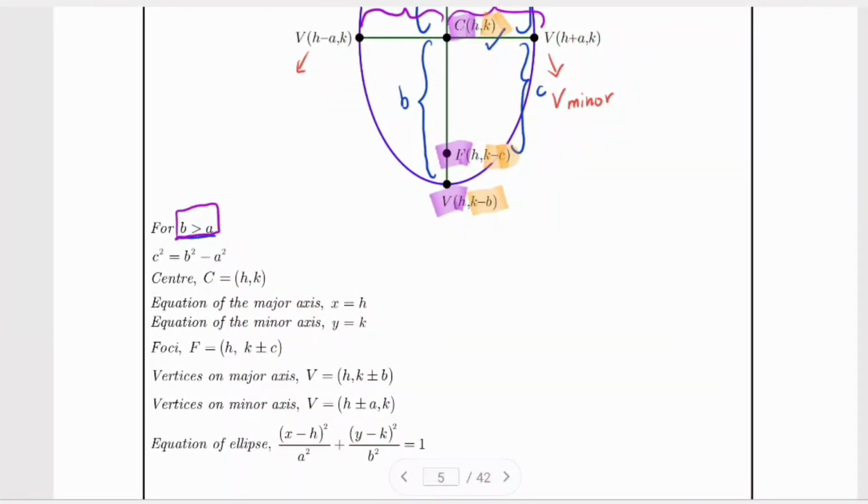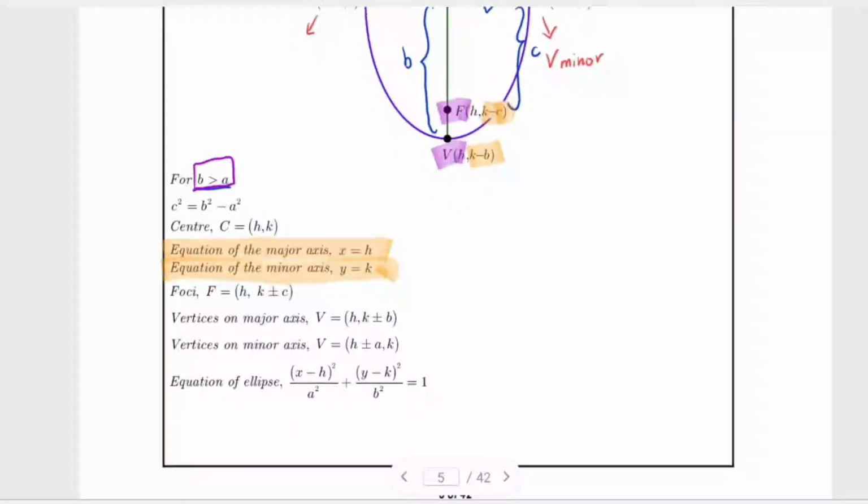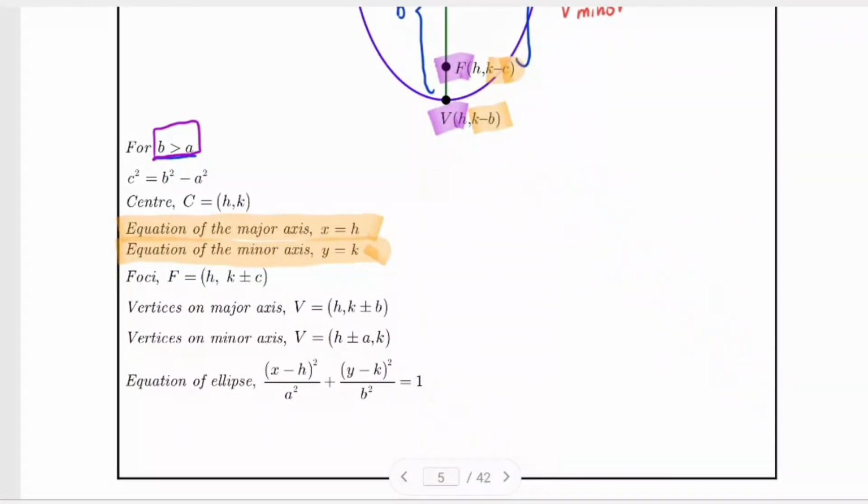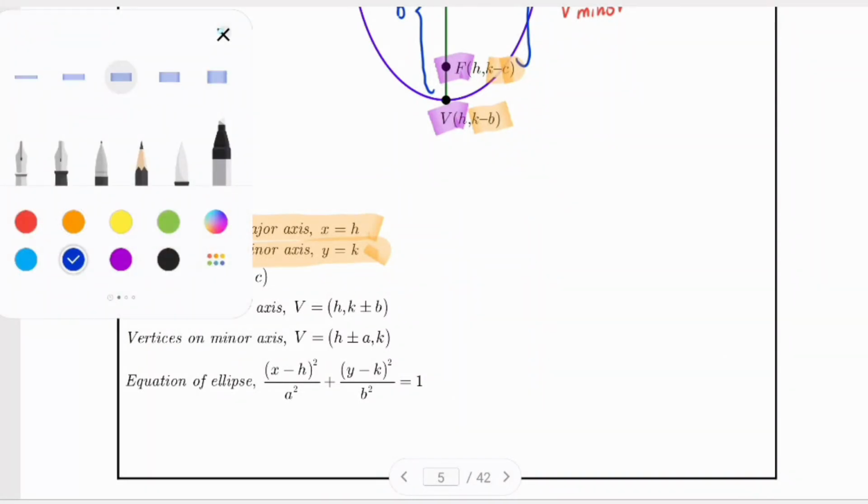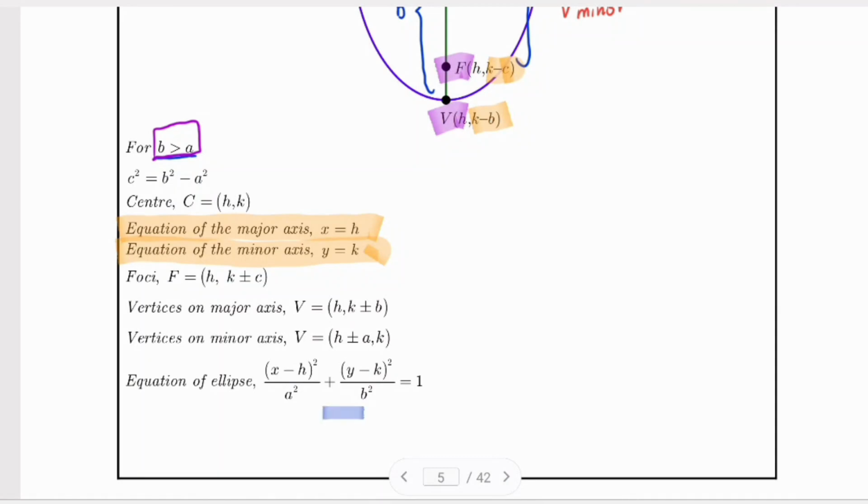The equation of the major axis will be x equals h, and the equation of the minor axis will be y equals k. For both shapes, the equation of the ellipse is the same, and that is (x minus h) square over a square plus (y minus k) square over b square equals 1.